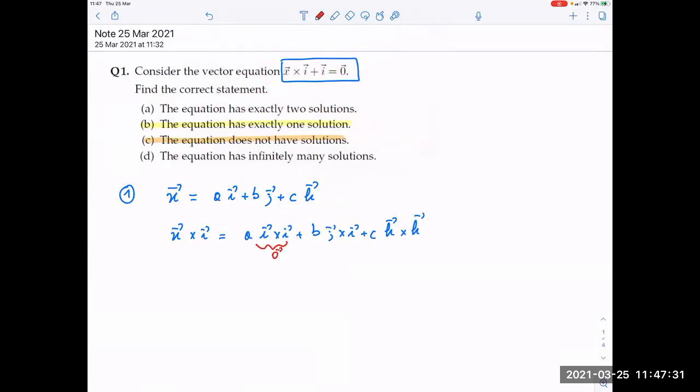Okay. Then what about j cross i? What is j cross i? What do you think? What about j cross i? So j cross i is actually minus k.